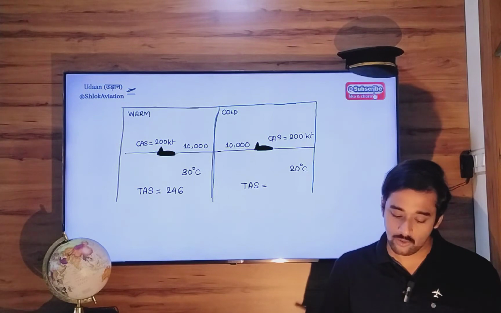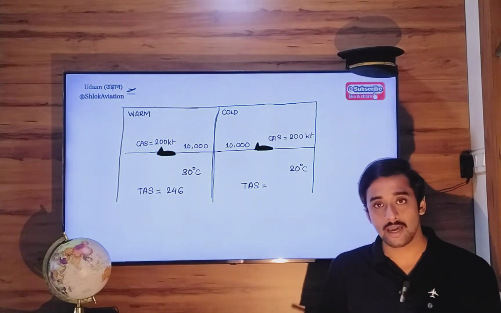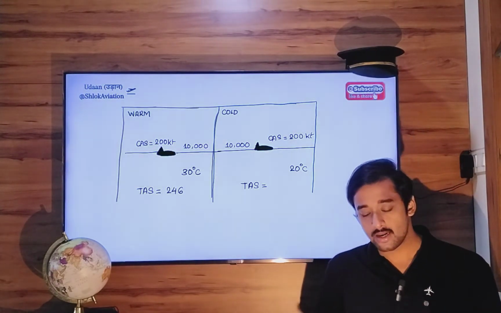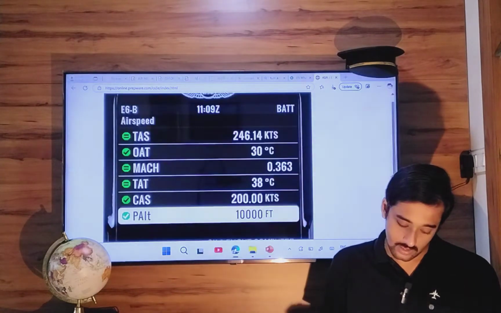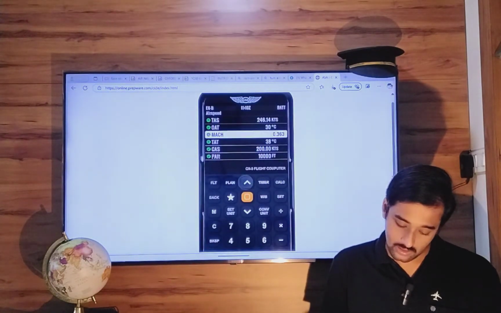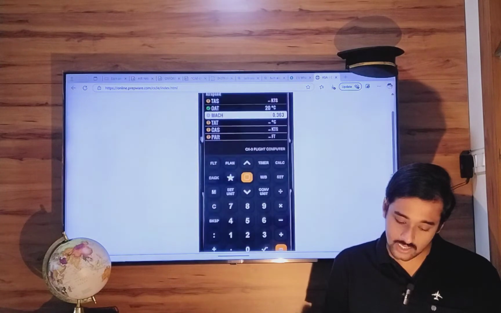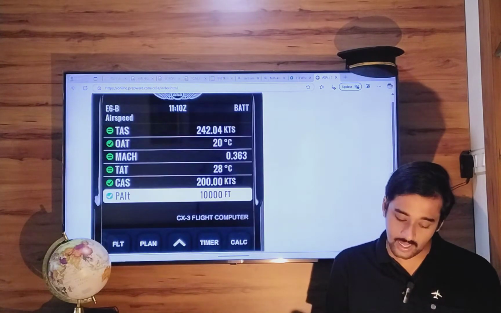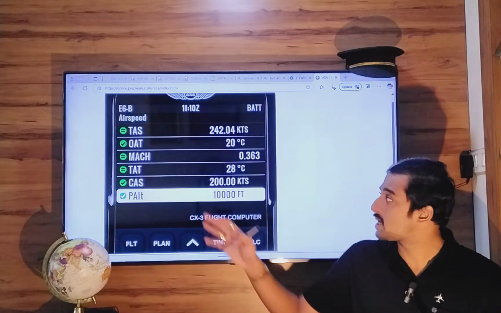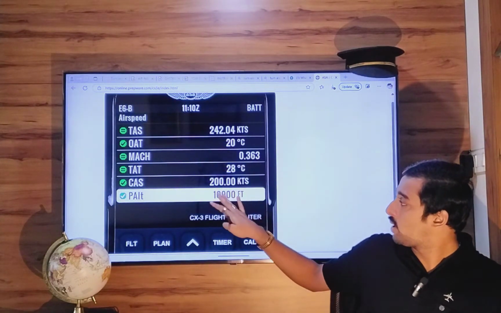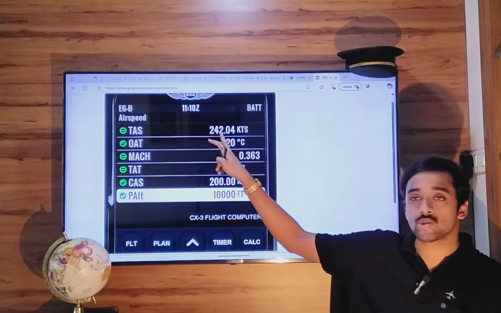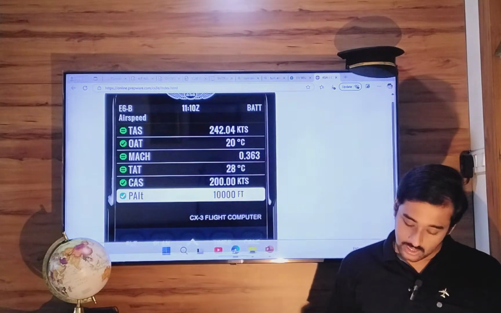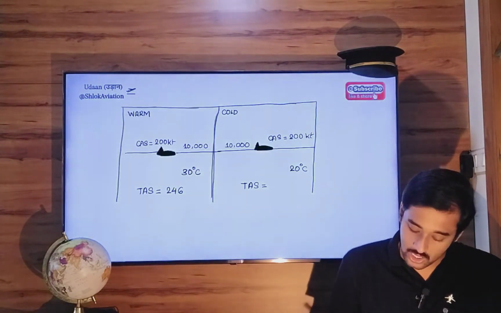Right, let's write the new values. 10,000 feet same, CAS 200 knots same, temperature 20. So with a temperature of 20 Celsius, CAS 200, altitude 10,000. Check the values. So TAS is 242.